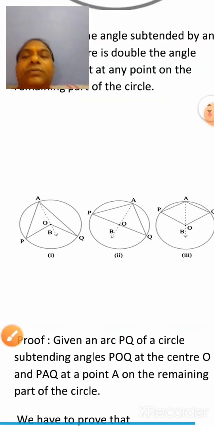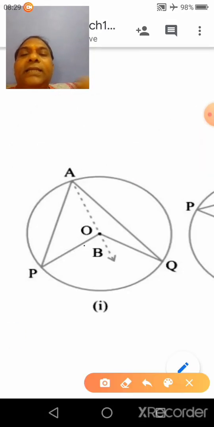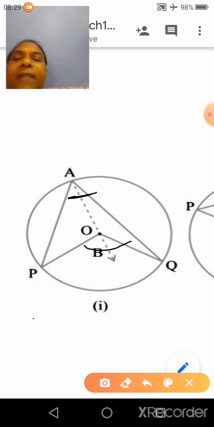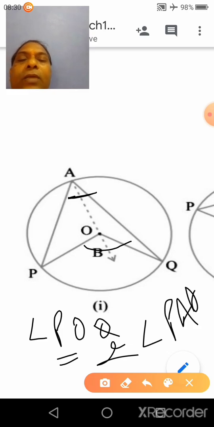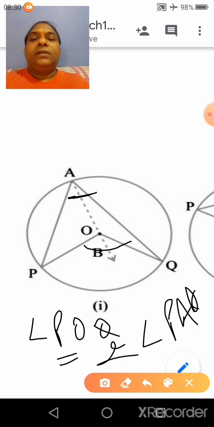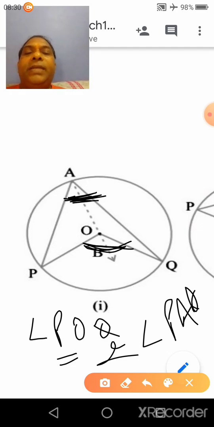So the angle subtended by the arc at the center is this one, and the angle subtended by it at the remaining part of the circle is this angle. So according to this theorem, angle POQ will be equal to 2 into angle PAQ. Clear? Angle POQ will be equal to 2 into angle PAQ.